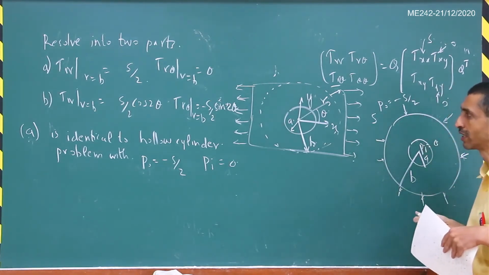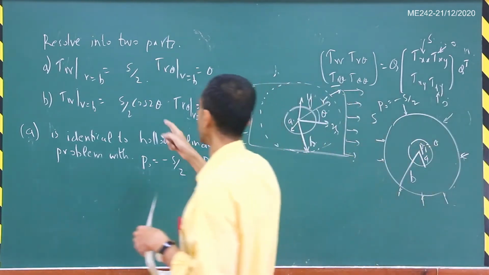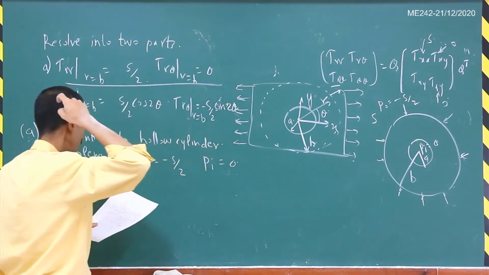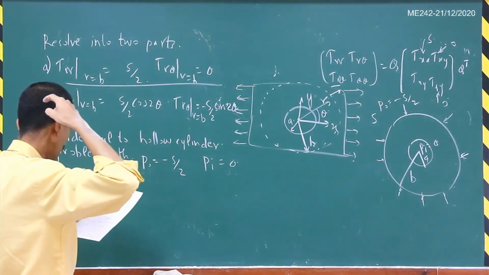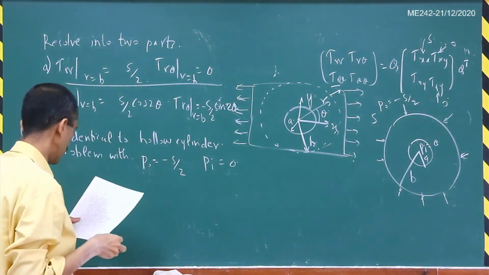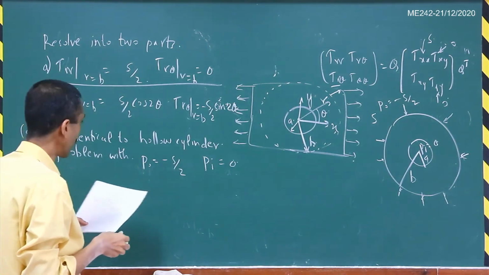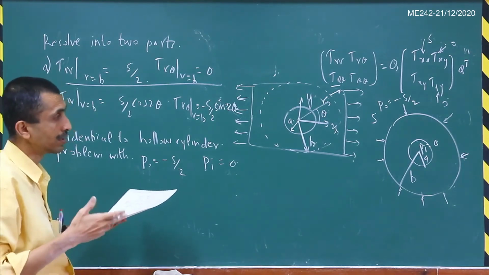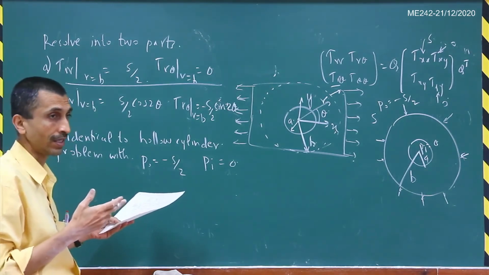That is, there is no internal pressure. So this particular problem is exactly identical to what we did yesterday, and we can directly use that solution for a hollow cylinder that we derived in the last class.